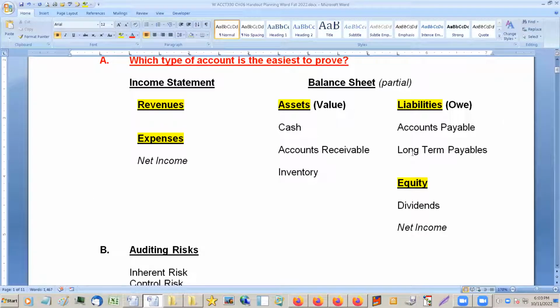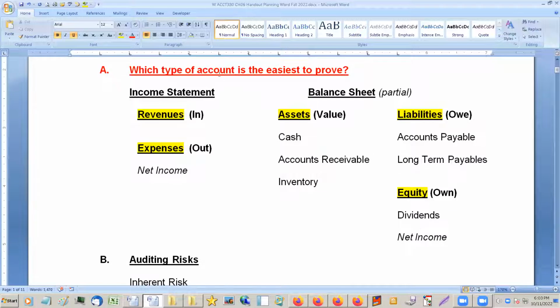And equity, which is what is owned. So anyway, these are the 5 basic types of accounts.